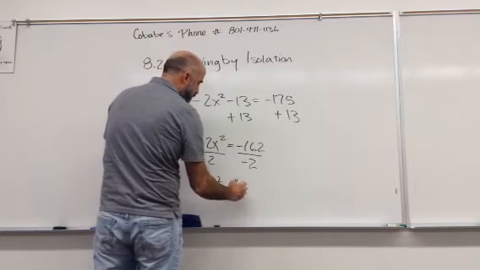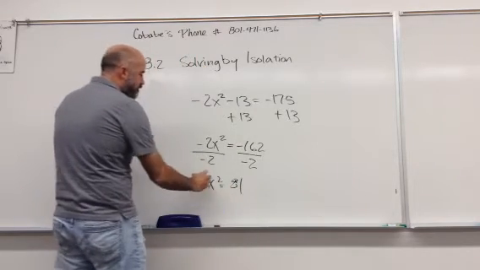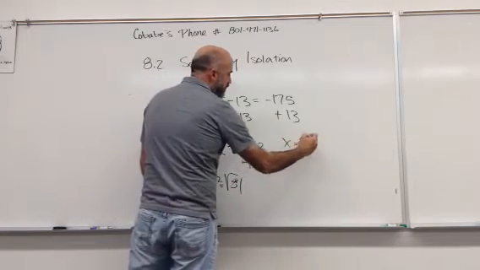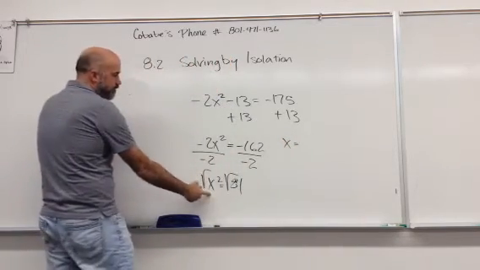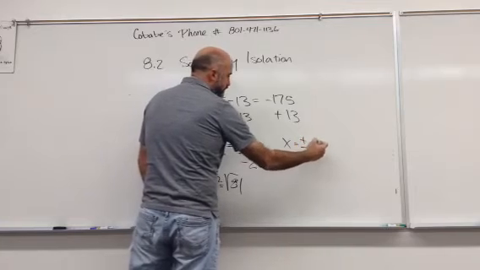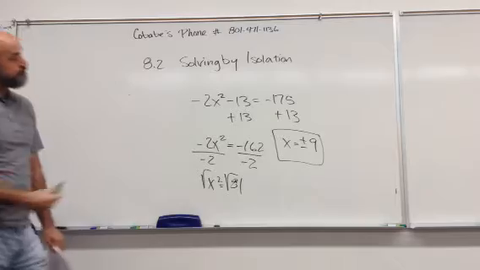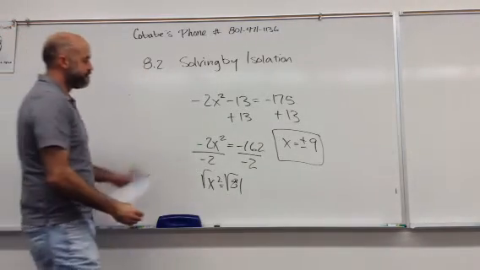Yep, 81. And then square root, the square root of 81 is 9, so x equals, when we do the square root of a variable squared, it's plus or minus 9. That's the answer. If I did my arithmetic right.